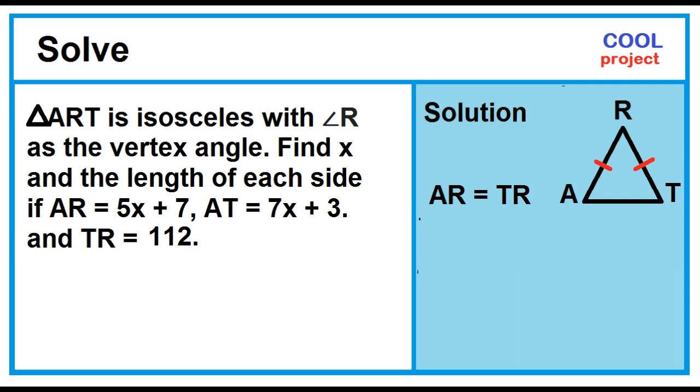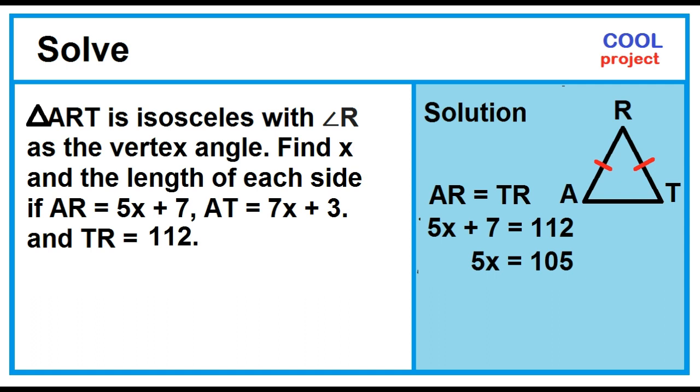AR is equal to 5x plus 7 and TR is equal to 112. The equation is 5x plus 7 is equal to 112. Subtract both sides by 7. The resulting equation is 5x is equal to 105.